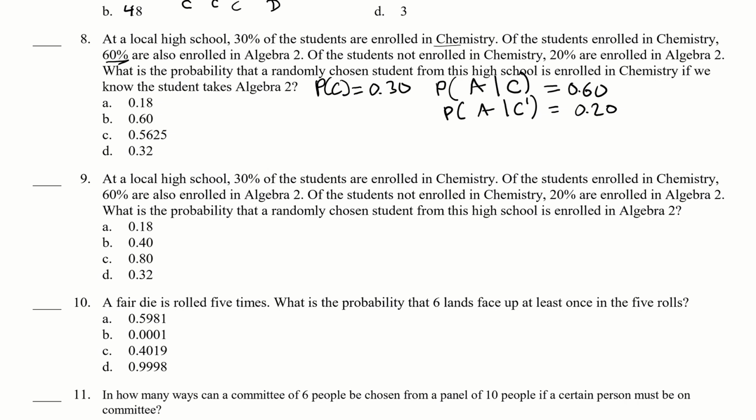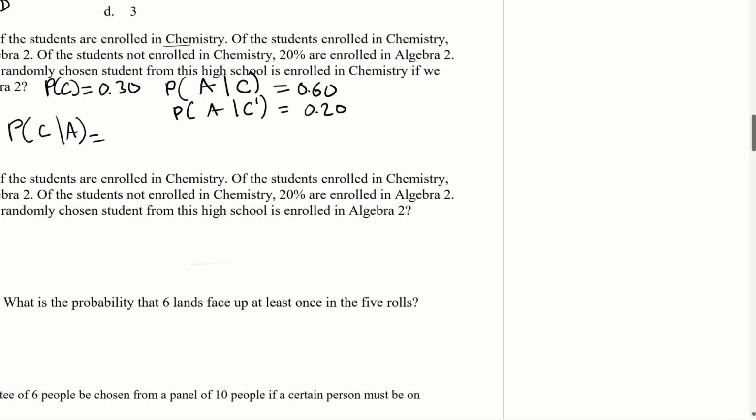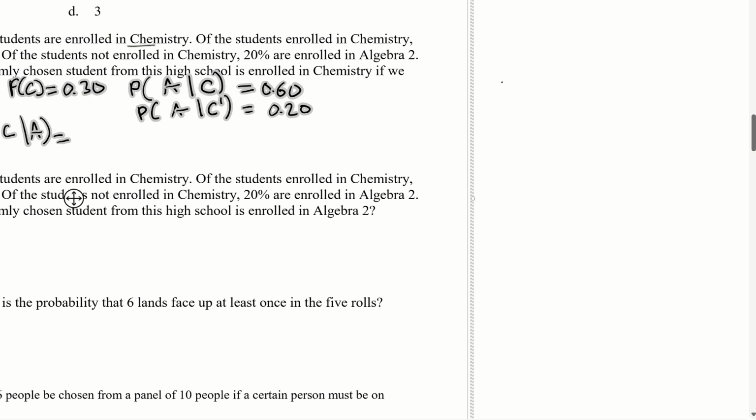What is the probability that a randomly chosen student from this high school is enrolled in chemistry if we know that the student takes Algebra 2? So the probability of chemistry given that they're in Algebra 2. Okay, a good way to set this up is to set up a tree diagram. So we'll set up a tree diagram here real quick.